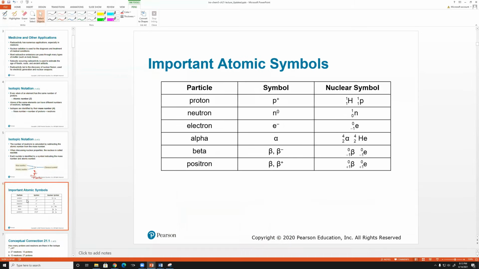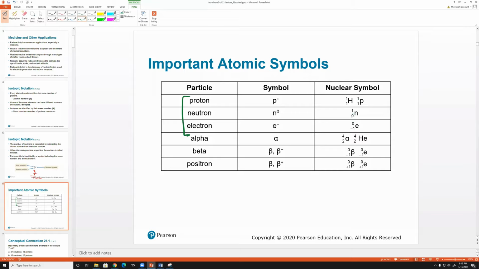Okay, so now let's look at the different atomic symbols for the types of radiation that are going to be emitted. 3 of these we should have no problems with: proton, neutron, electron. Proton is normally P positive, neutron is N0, electron is E minus. Symbols: protons we know are H plus or just H11 or P11.